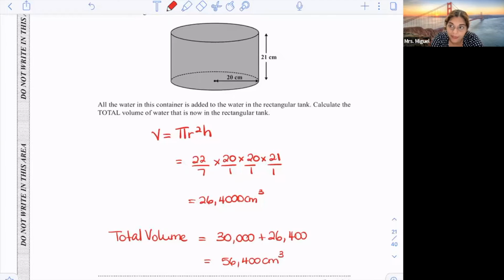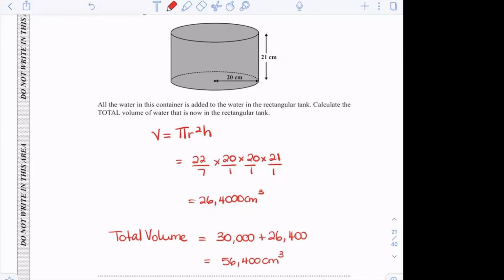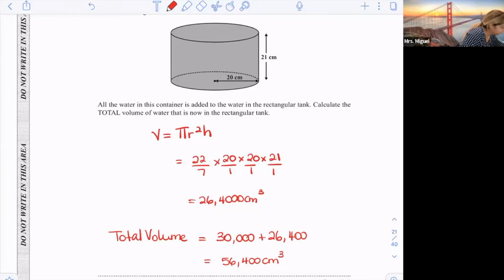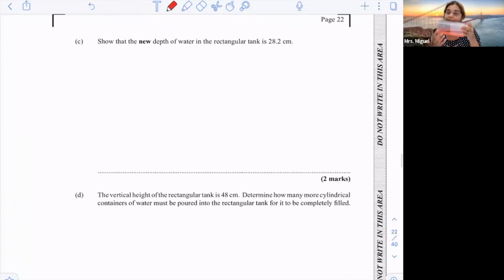Do you all understand so far? Yes. Right. We're going back to the container now. My water level has increased. So therefore, the rectangular container has a new depth because I have increased the volume by 26,400. So we want to show the new depth of water is 28.2.